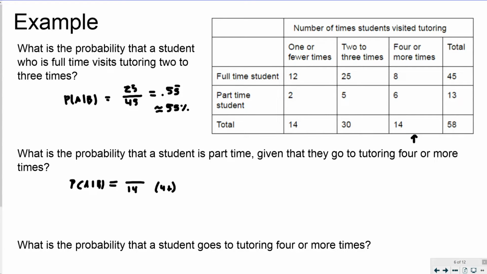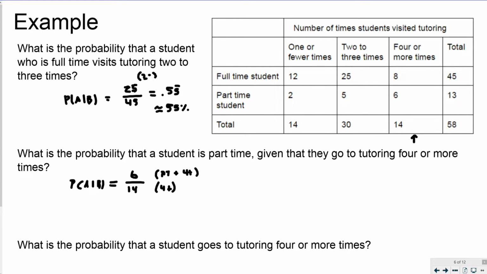On the top, there are 6 students, because those students are part-time and they go 4 or more times. So it's the intersection of both. If I go back to the first problem really quick, on the top, the 25 was 2 to 3 times.